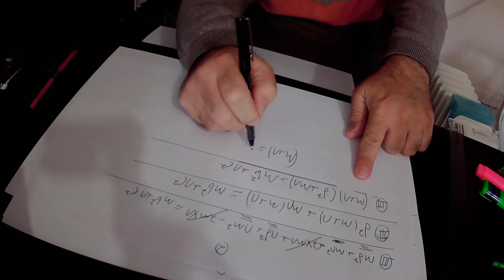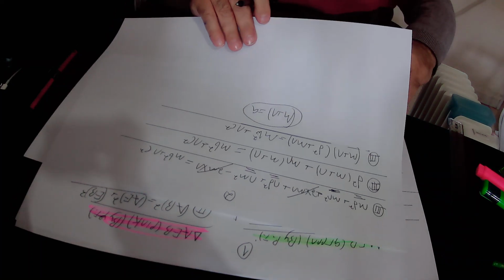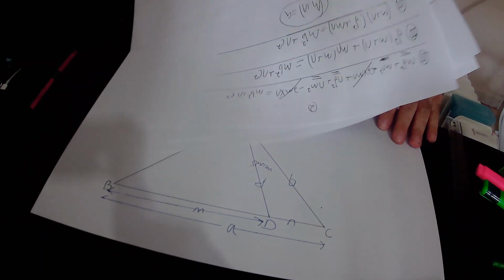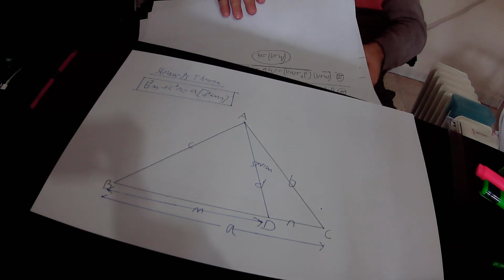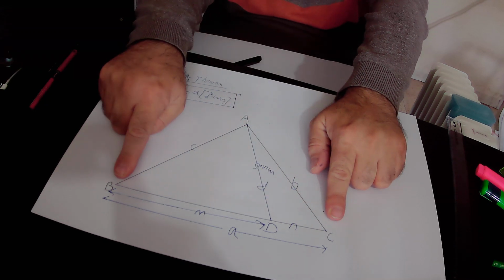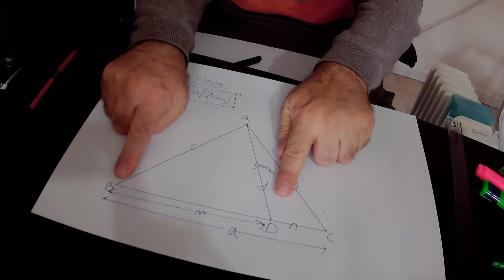Here I'll show you from the diagram. BC equals BD plus DC.